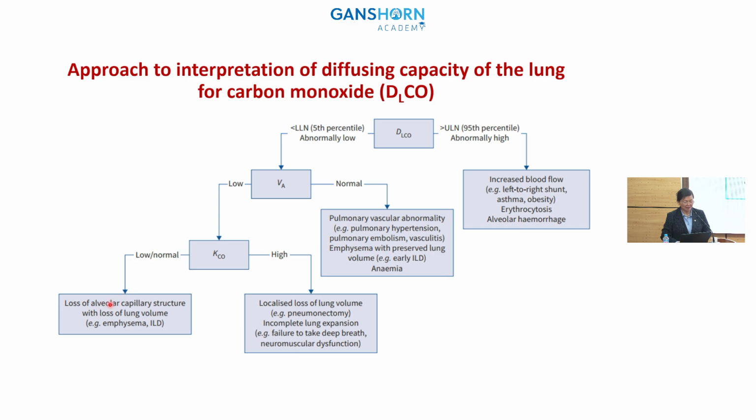So this patient also has a loss of alveolar capillary structure with loss of lung volume. So what will you decide? Asthma with fixed airway obstruction, or COPD, or COPD plus asthma?